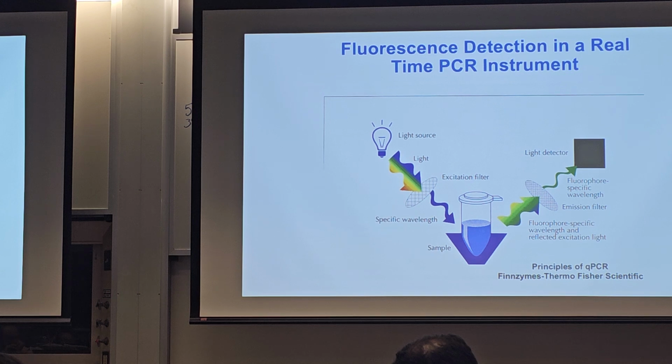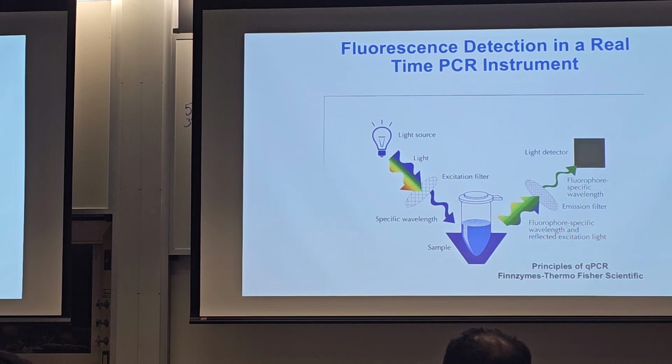Okay, this is just a little cartoon to remind me to tell you that the way the instrument works, and you're going to see the instrument later, it's called a quantitative PCR instrument. It's bigger than a regular thermocycler, it's more complicated, because what this instrument does is it shines light of a specific wavelength onto your sample.